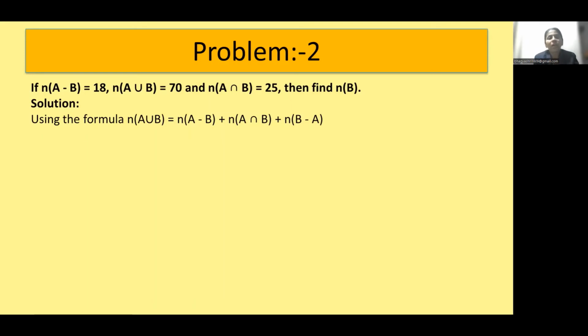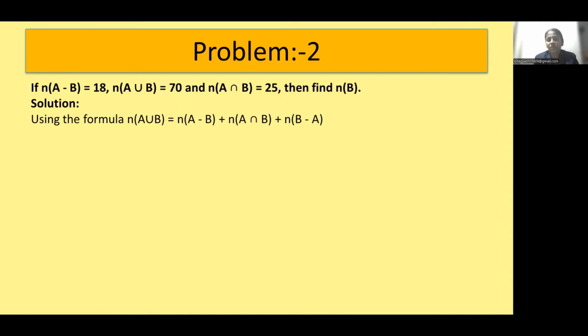Okay, and here is a formula related with difference of sets and union, intersection, and that formula is n of A union B is equal to n of A minus B plus n of A intersection B plus n of B minus A. आता हा जो फॉर्म्युला आहे हा खरोखर असा आहे का, तर हे जर तुम्हाला व्हेरीफाय करायचं असेल तर तुम्ही व्हेन डायग्राम काढून बघू शकता.